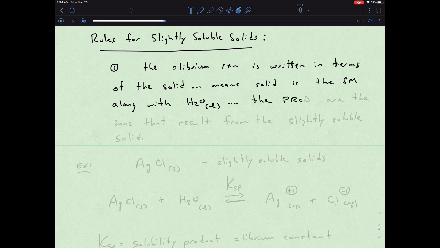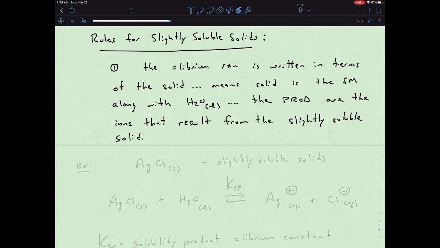The products are basically the ions that result from the slightly soluble solid. So that's the first rule.